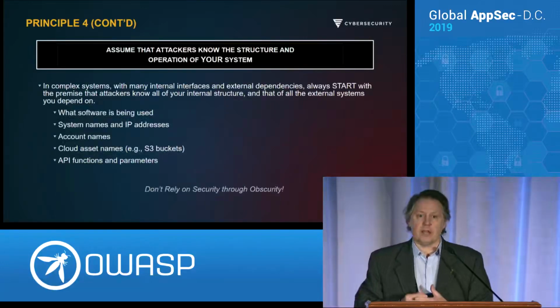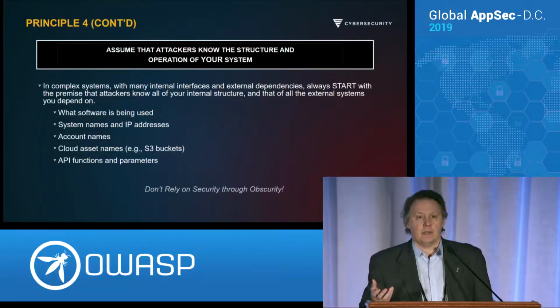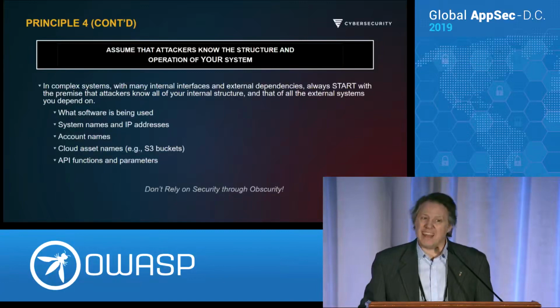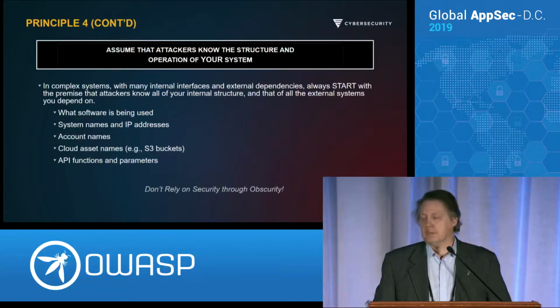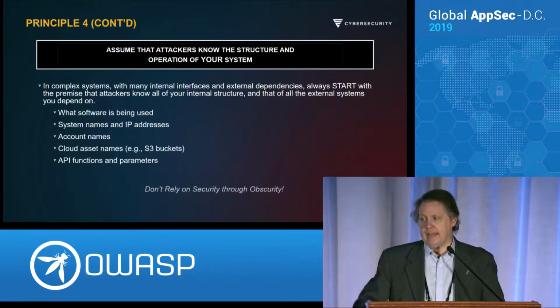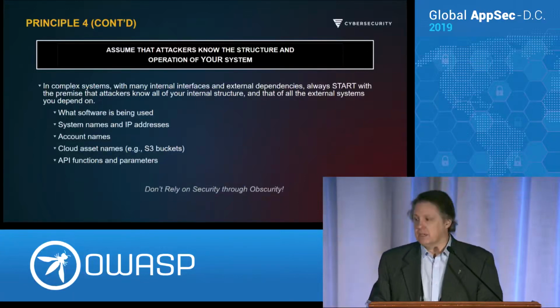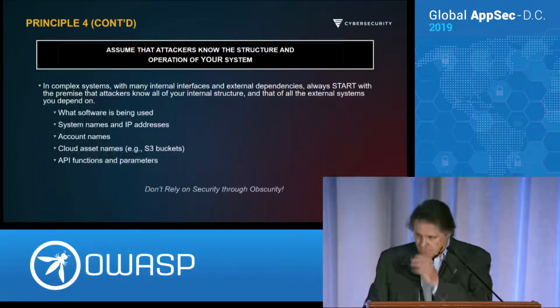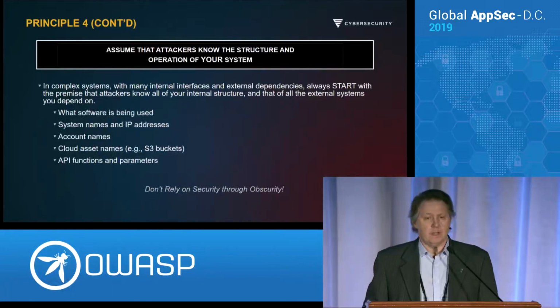And you had to know it was there in order to attack it. But you kind of have to assume that they know that stuff. Okay, names of assets, names of APIs and what parameters they take, all that stuff. Don't consider that stuff secret.